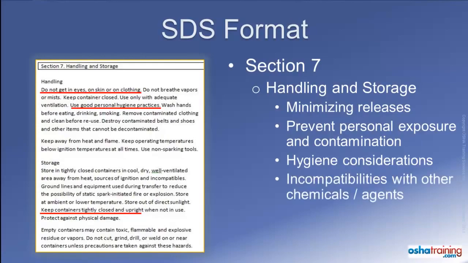And when the product is being stored, there may be a need to avoid certain incompatible materials or agents such as high heat or water that might cause the product to react.